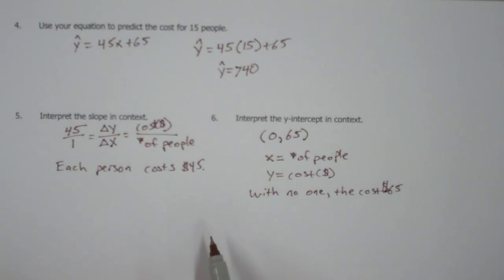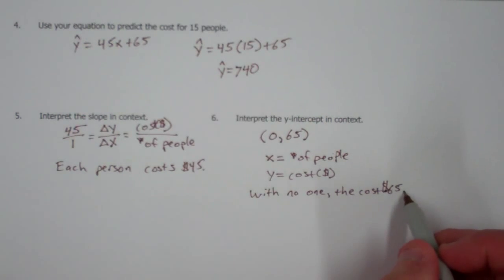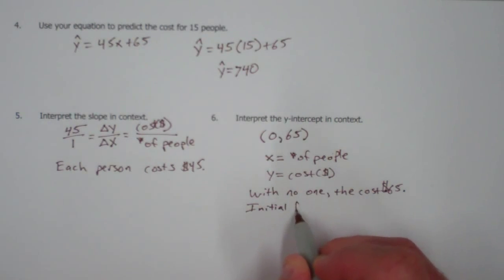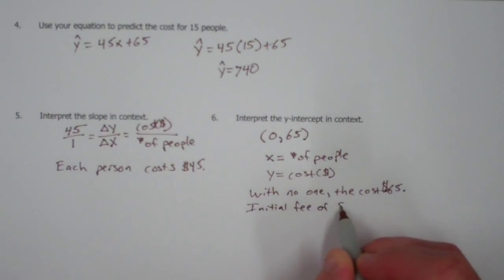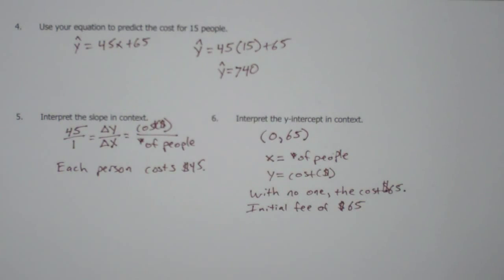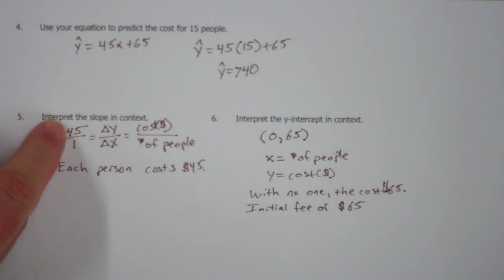So you'd be right if you said that, well, if nobody went, the cost wouldn't be $65, there'd be nobody to pay. But here's what it means. It means there's probably an initial fee of $65. In other words, if 2 people went, it would be 2 times 45, which is 90 plus 65.